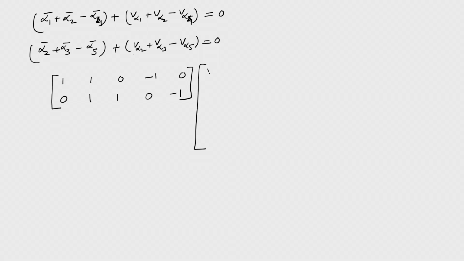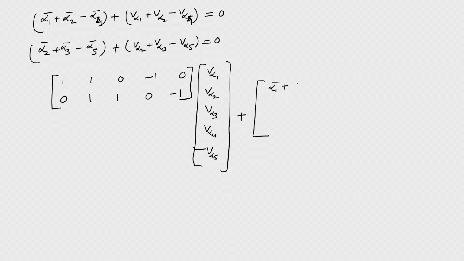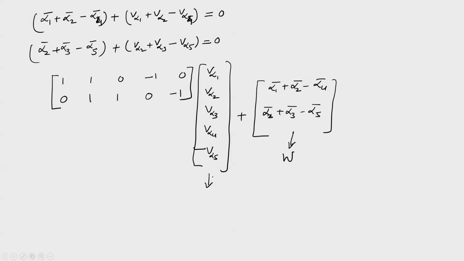I can write this way, V alpha 1, V alpha 2, V alpha 3, V alpha 4 and V alpha 5, plus I can write here alpha 1 bar plus alpha 2 bar minus alpha 4 bar, and alpha 2 bar plus alpha 3 bar minus alpha 5 bar. So this is the W matrix, this is the V matrix, this is the B matrix. So I have got the form BV plus W equals 0. So this is what the condition equation method is.